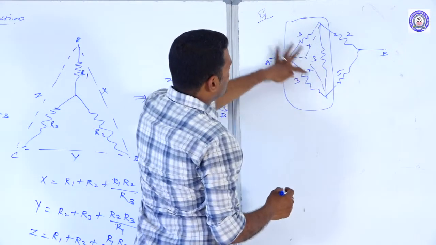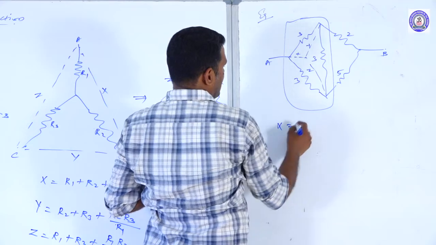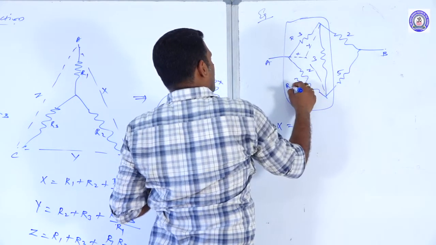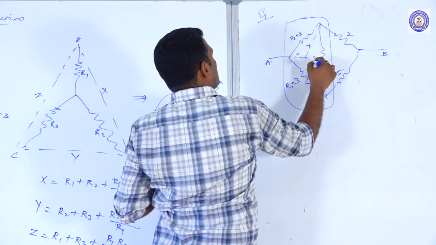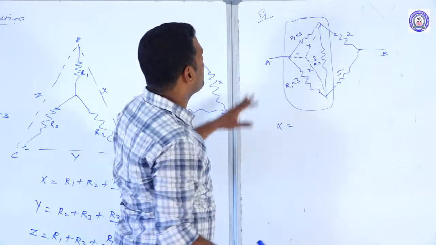This forms a delta connection. In this delta connection, I need to calculate the value of X. X equals, if I write this as R1, R2 and R3, all the three resistances are 3 ohm each.